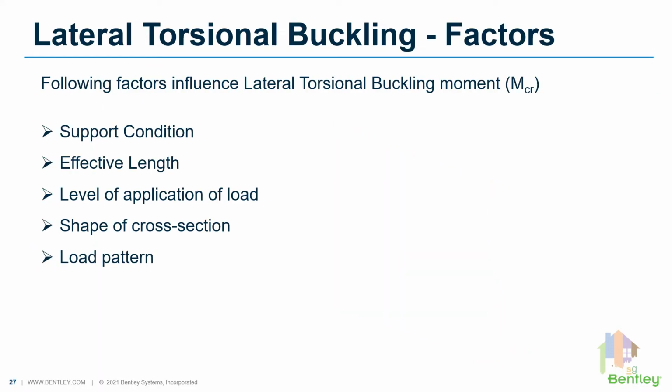There are multiple factors which govern lateral torsional buckling. Different support conditions and effective length for lateral torsional buckling are the two major factors which affect the MCR value. A simple example is that a fixed support, which does not allow any rotational or translational movement, is less vulnerable than a simple support.